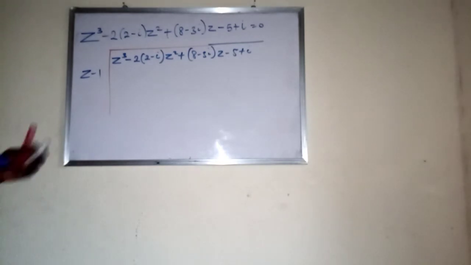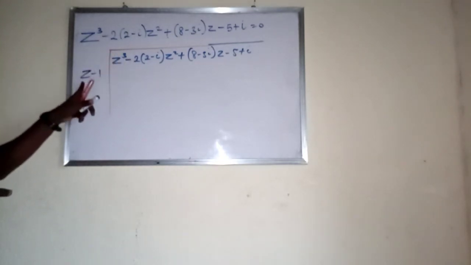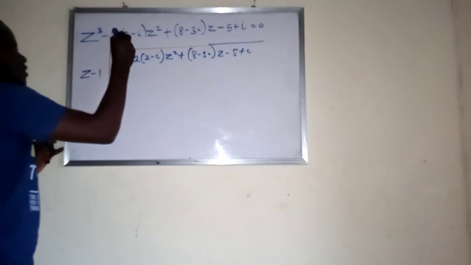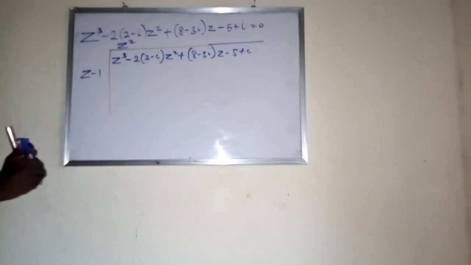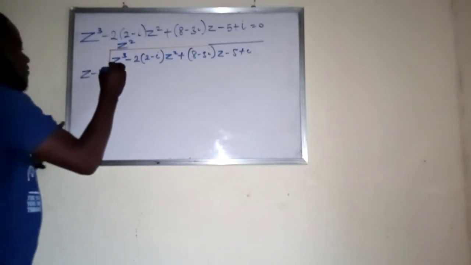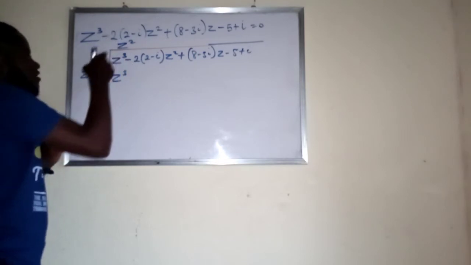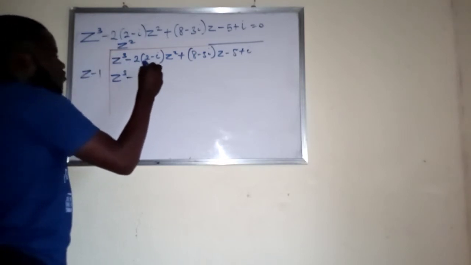So the first thing is z cubed divided by z, that will give us z squared. So z squared times z, z cubed. Z squared times this, minus z squared.